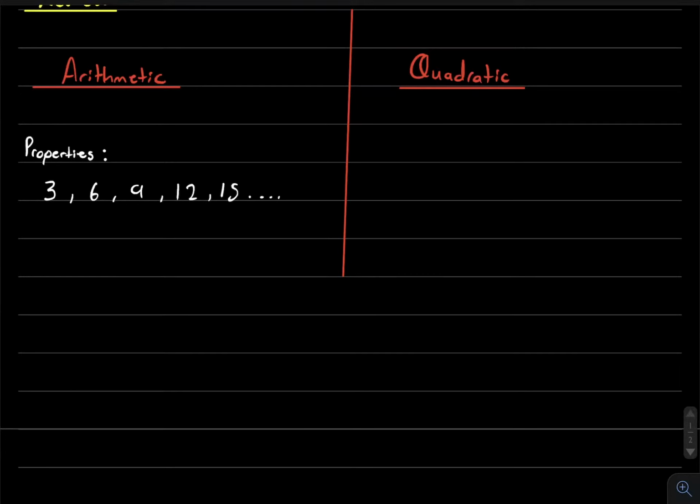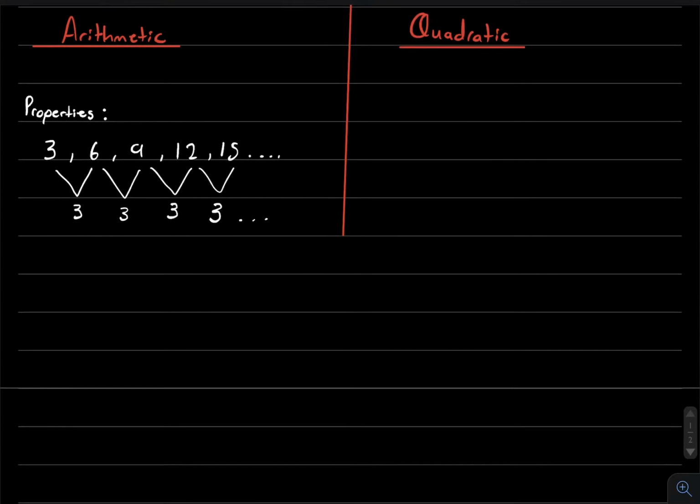By looking at this arithmetic sequence, if we were to find the difference between the terms, we would see that that would give us 3 there, 3, another 3, and 3 repeatedly. So we see that the difference, or the first difference between the consecutive terms, is constant.